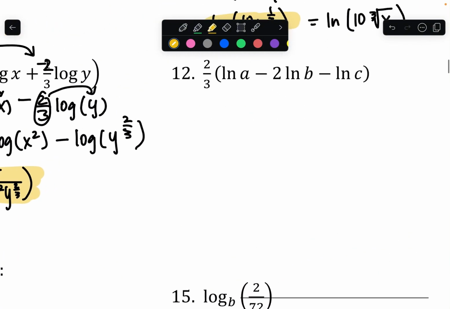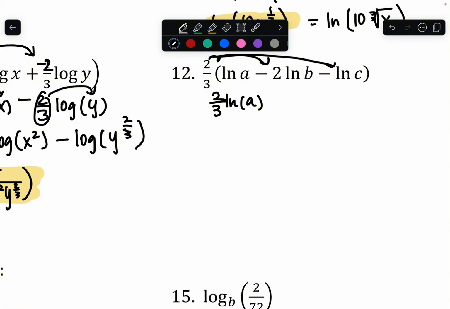Okay, on this next example, we are distributing a 2/3 to each log. So 2/3 natural log of a minus 4/3, 2/3 times -2, natural log of b minus 2/3 natural log of c.